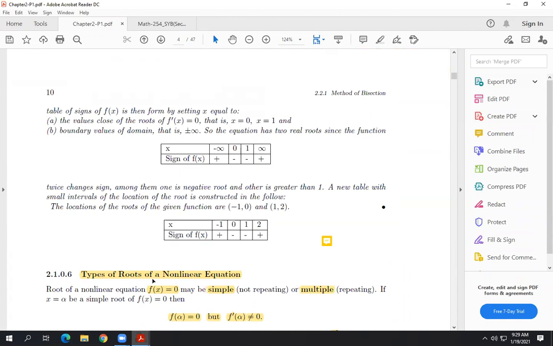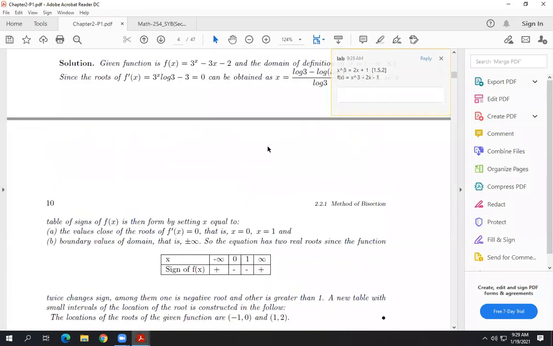The roots of a nonlinear equation may be simple or multiple. Simple means not repeating, multiple means repeating. Now, what does root mean? Solution. Yes, solution.